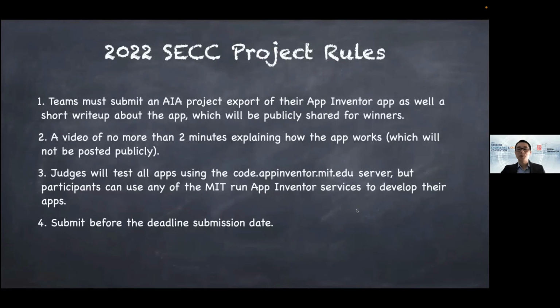Of course, we have some project rules. Once you register for MIT App Inventor, you will have the project you can submit on their website. So for our final competition, we encourage you to create a poster to explain your engineering process, how you built the app, how you came up with the idea, and also a video of less than 2 minutes to explain how your app works.